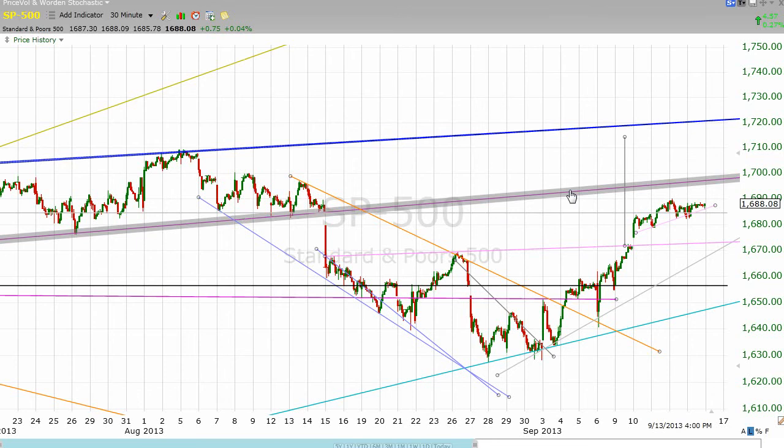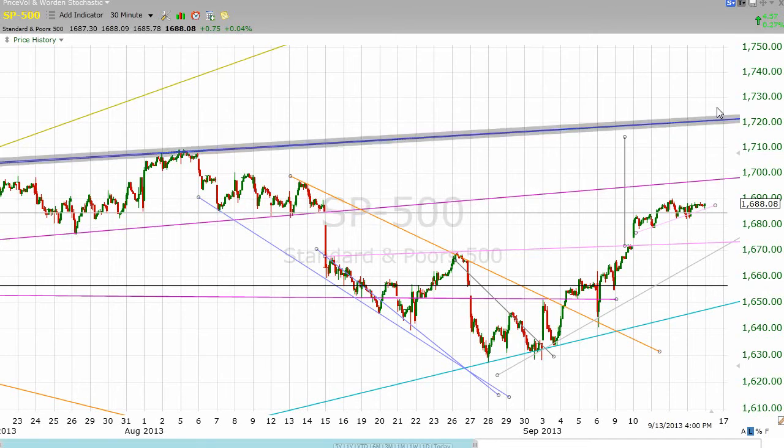And if it can get there, does the market have the strength to overcome that level and move up to potentially tag this blue line or get to about 1715? And you say, well, what's special about 1715? Well, 1715 would have been our target had we had a completed inverted head and shoulders here.